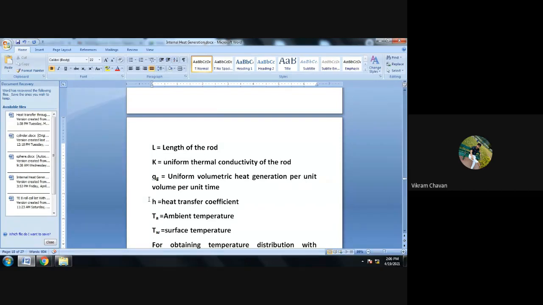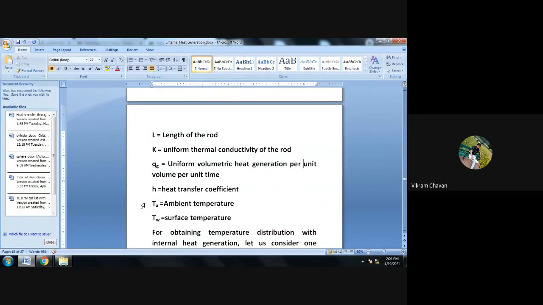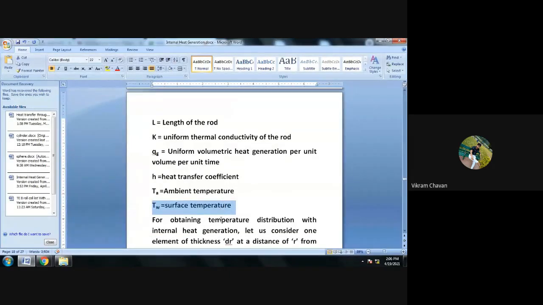The external ambient air temperature is T suffix A, and the rod surface temperature we consider as T suffix W.